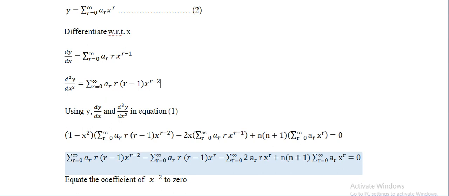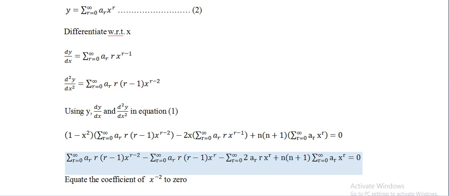is equal to 0. Now in this equation we equate the lowest degree term in x. First we equate x raised to minus 2 by substituting r equal to 0. Next, r equal to 1, equate x raised to minus 1. Then r equal to 2, equate x raised to r.